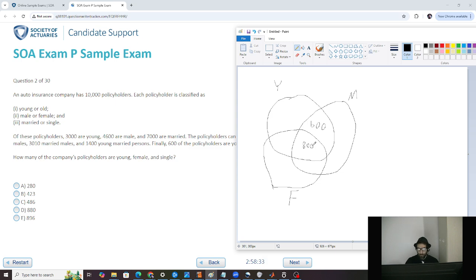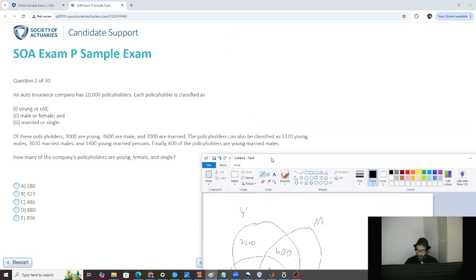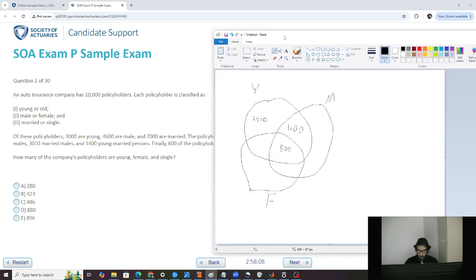3,010 married males. Married, but not, yeah, so in this circle, but not in this one. It's going to be here. We have the 600 there. 2410. They said 1320 young males, so outside of this. Sorry, I put this in the wrong place.